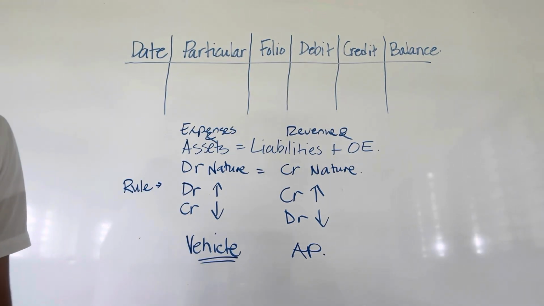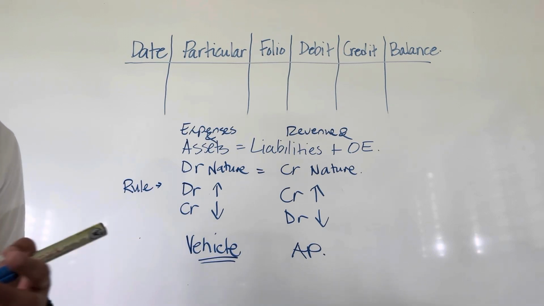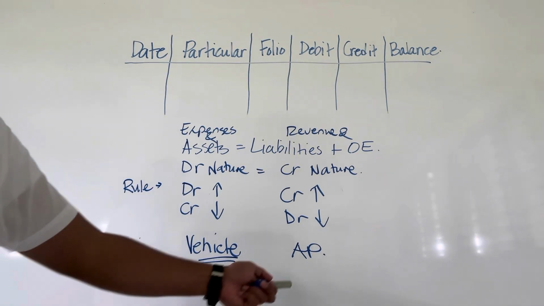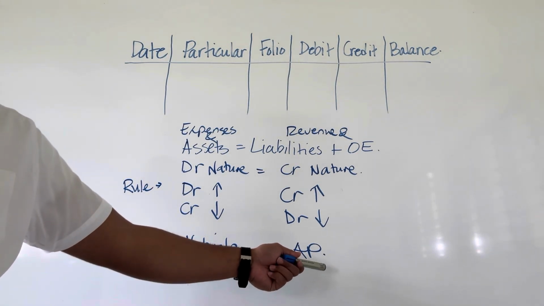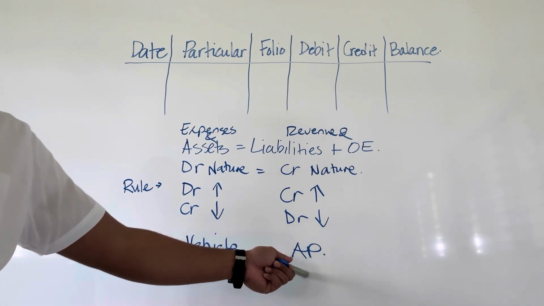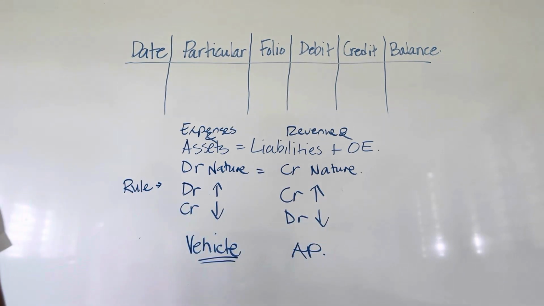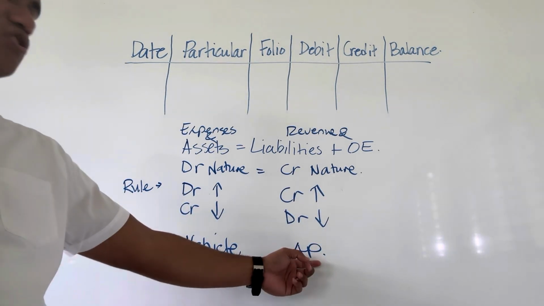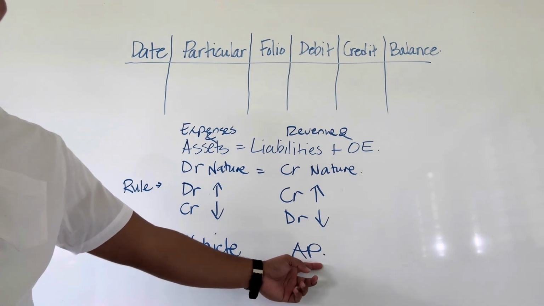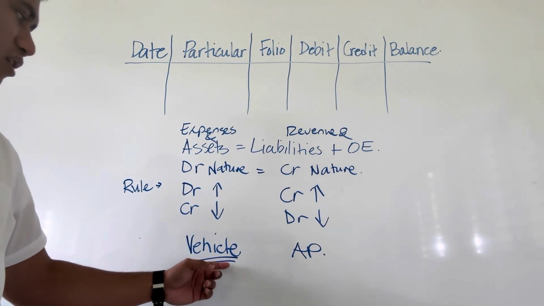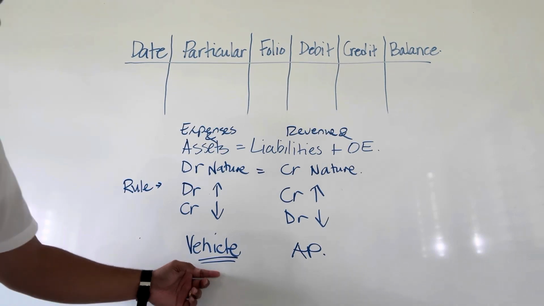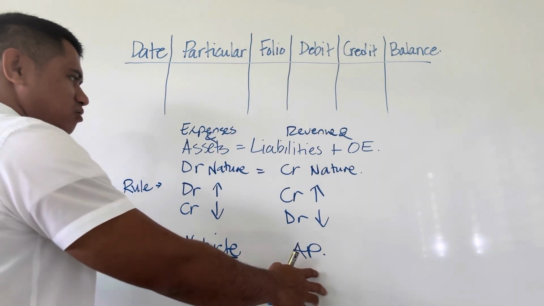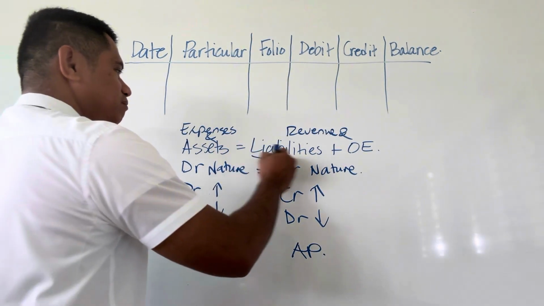Whenever you purchase a fixed asset on credit, accounts payable is what the business owes to outside sources. So the business owes accounts payable 20,000 tala for this new vehicle that they bought on credit. So accounts payable is a liability.